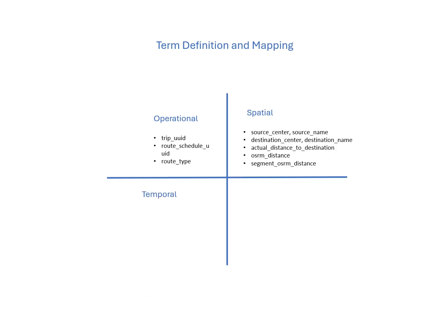The third one is temporal. In this, we have trip creation time, the timestamp when the trip was created, OSRM time, the OSRM ETA under usual traffic, cutoff timestamp, the timestamp of cutoff applied, OD start time, this is the actual start time, OD end time, this is the actual trip end time, segment OSRM time, this is the planned OSRM time per segment, segment actual time, this is observed time per segment, start scan to end scan.